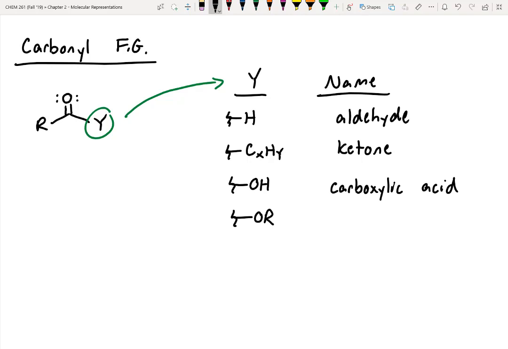This is called an ester. The most common mistake students make is they flip-flop ether and ester because they sound really, really similar. So make sure that you come up with some sort of tool to remember an ester is the one that's attached to a CO double bond, not in between two carbons.